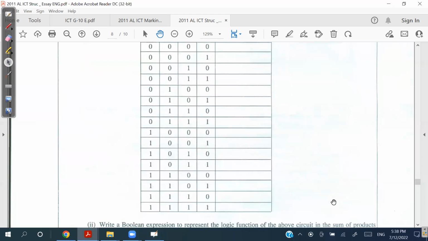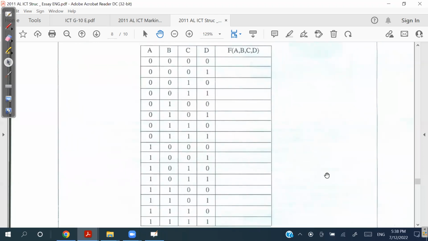Right? So how is it going to be filled? So these values 0, 1, 2, 3, 4, 5, 6, 7, 8, 9, 10, 11, 12, 13, 14, and 15.